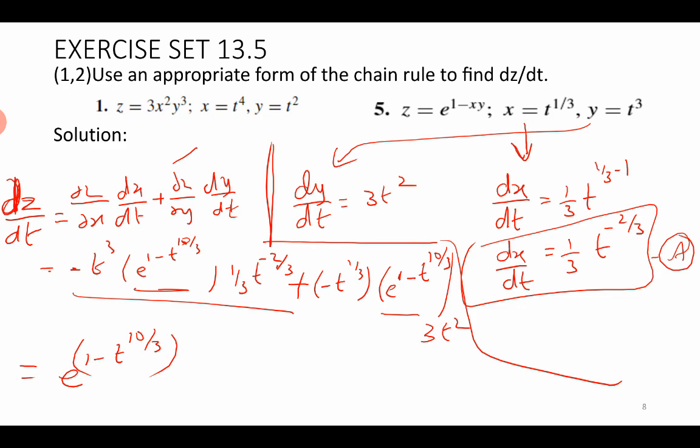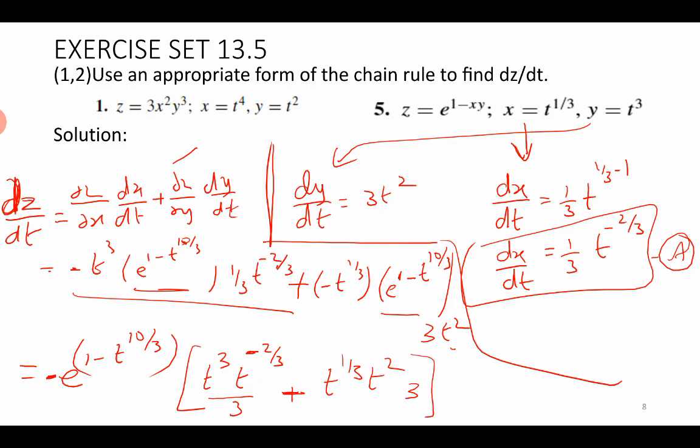Now all the t powers you can see, this is 3t square, t powers. So there is a negative in common, negative is taken out. What else? These t powers inside. So this is t cube into t raised to minus 2 by 3 in the first term divided by 3, 1 by 3, plus t to the power 1 by 3 into t square times 3.